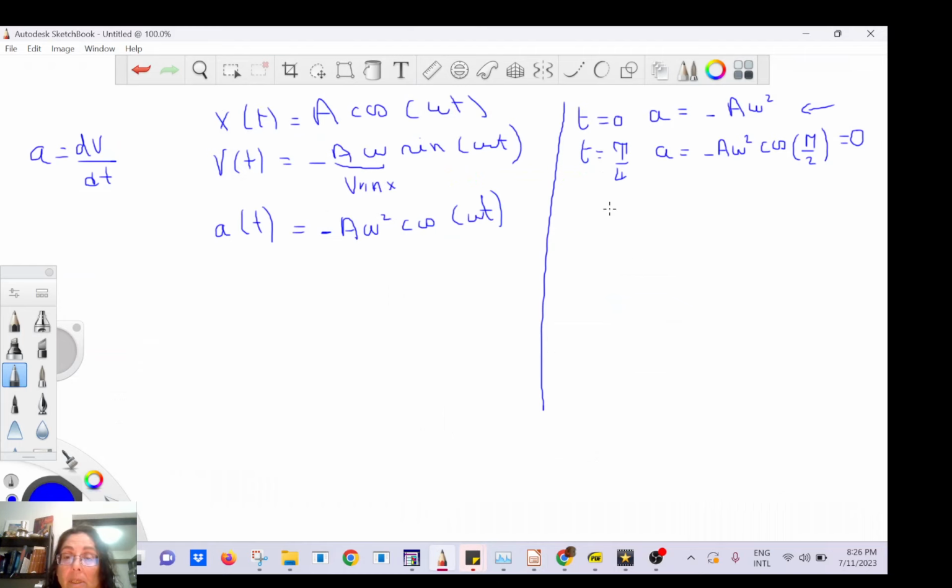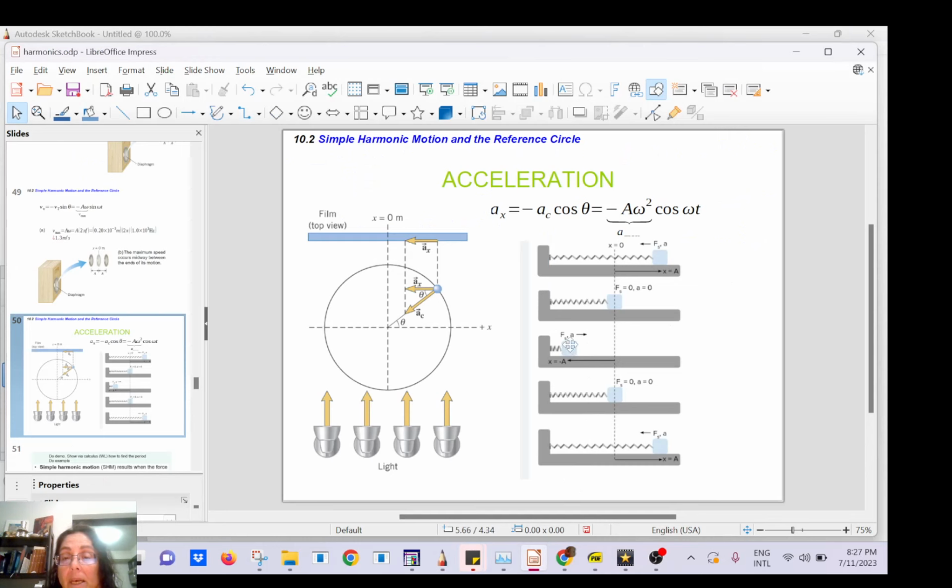And then you have t equals half of the period. That's going to be a equals minus A omega squared times a cosine of pi. Right? And so the acceleration will be positive and maximum. So it means at that point here, acceleration is again maximum, but it's toward the right.